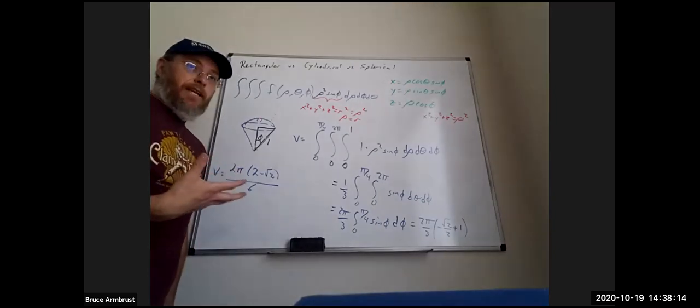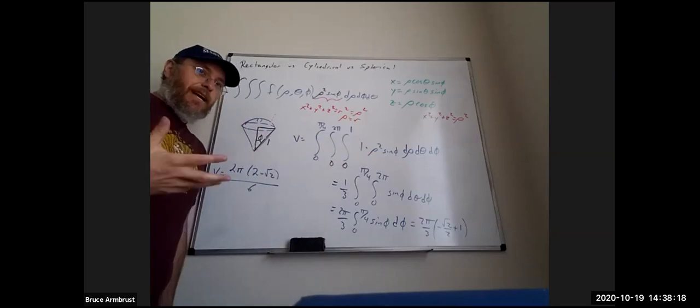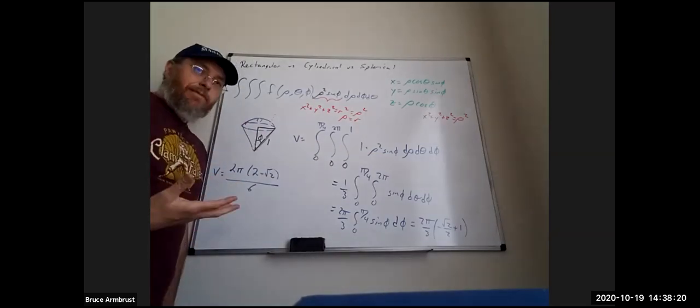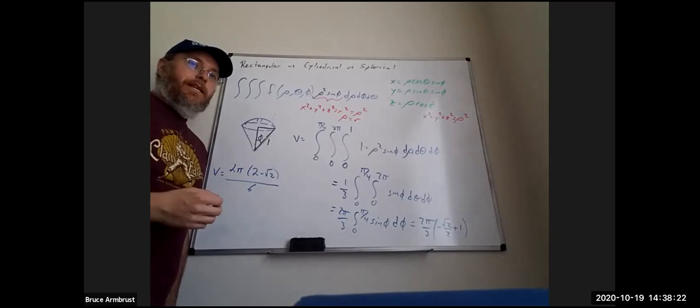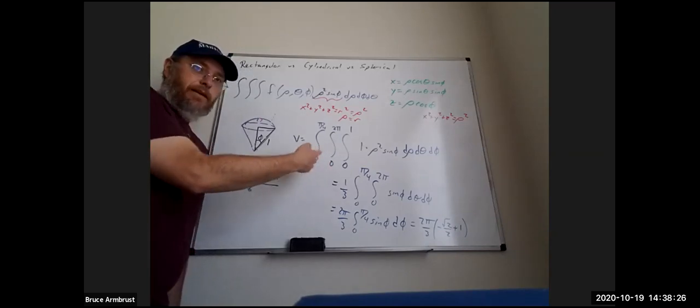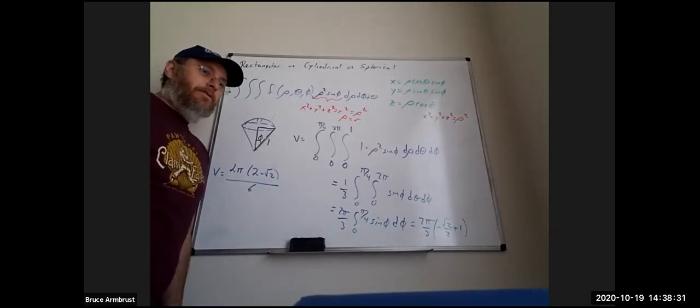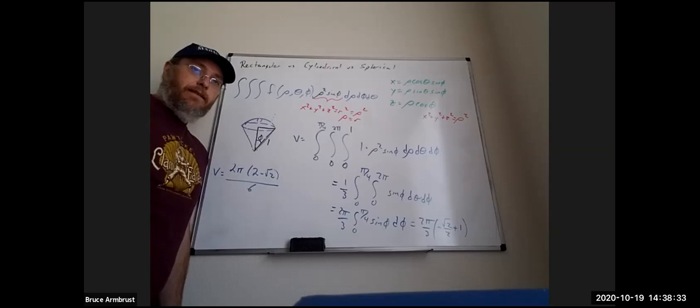Okay, but downsides to it. One, we get that rho squared sine phi thing, which is not terribly pretty and can be a challenge, but it is what it is. More of an issue is actually picturing the bounds. I think the most challenging one is phi.